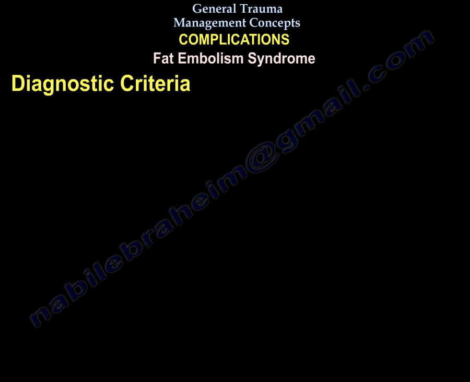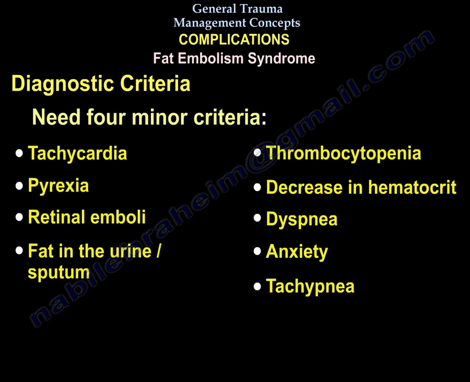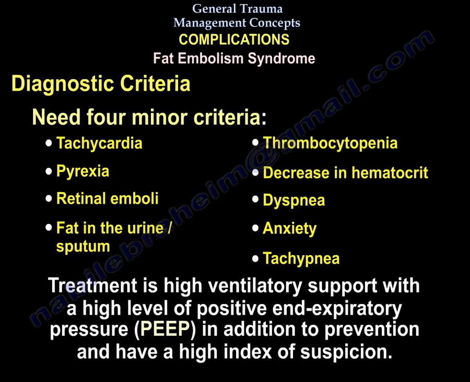Four minor criteria: tachycardia, pyrexia, retinal emboli, fat in the urine or in the sputum, thrombocytopenia, decreased hematocrit, dyspnea and anxiety, and tachypnea. Treatment is ventilatory support with high level of PEEP, in addition to prevention, and have a high index of suspicion.